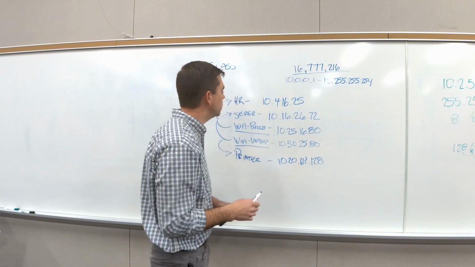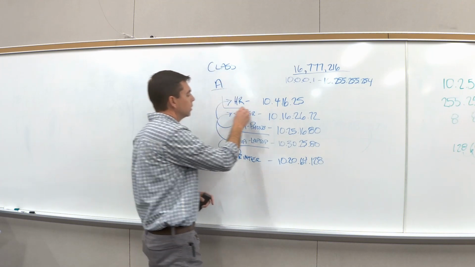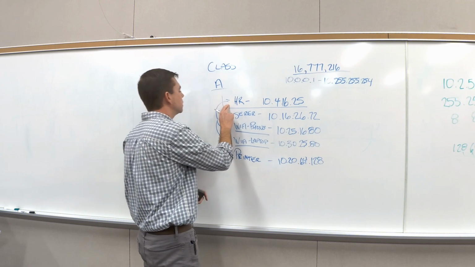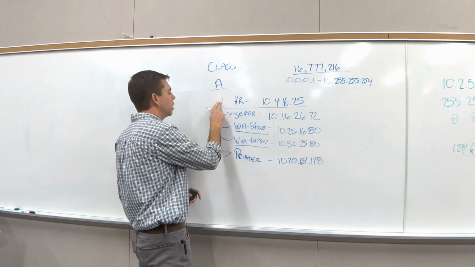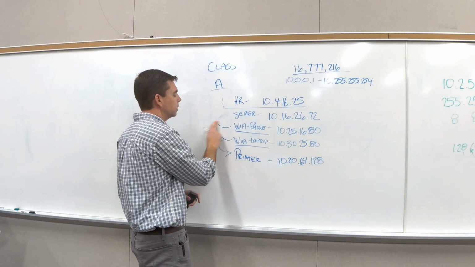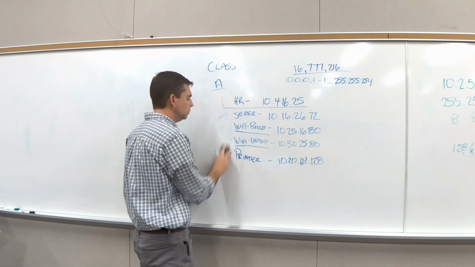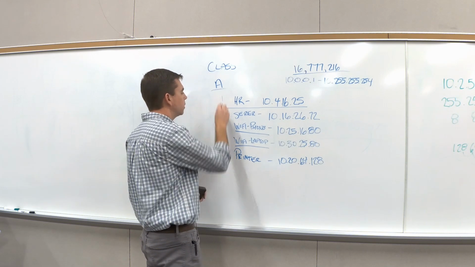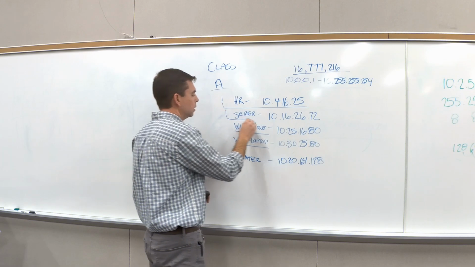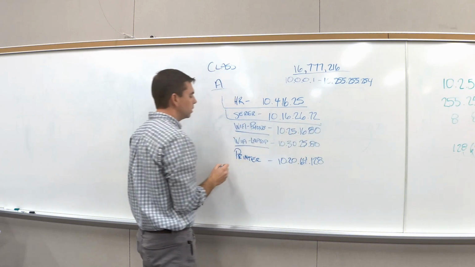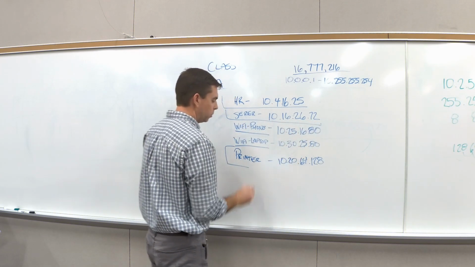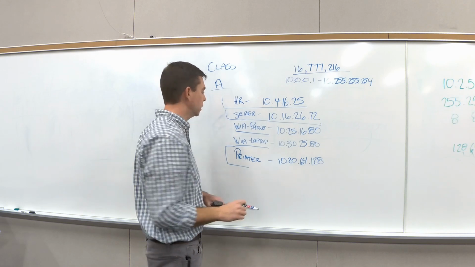So that way you say, okay, HR employee computers, let's say, are on their own network. Servers are on their own network. Printers are on their own network.